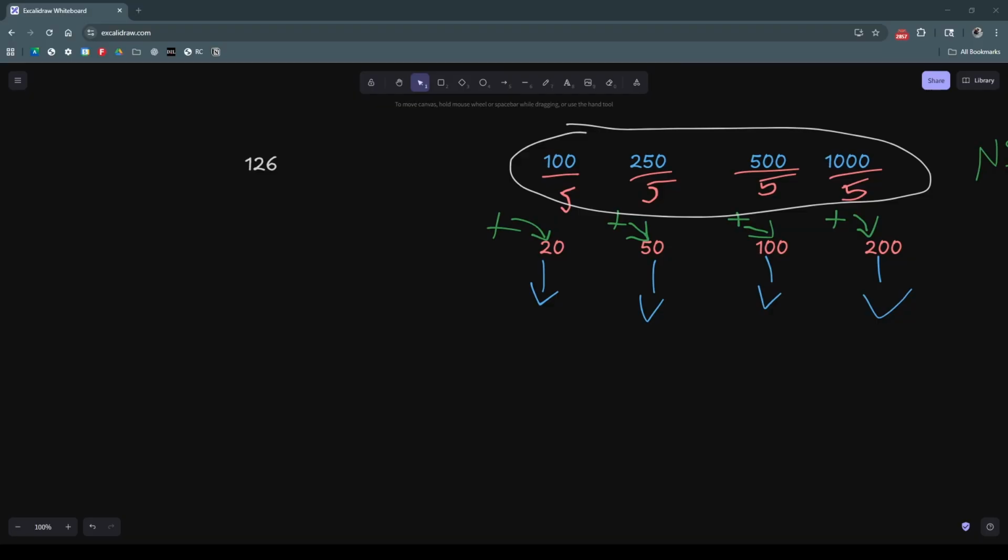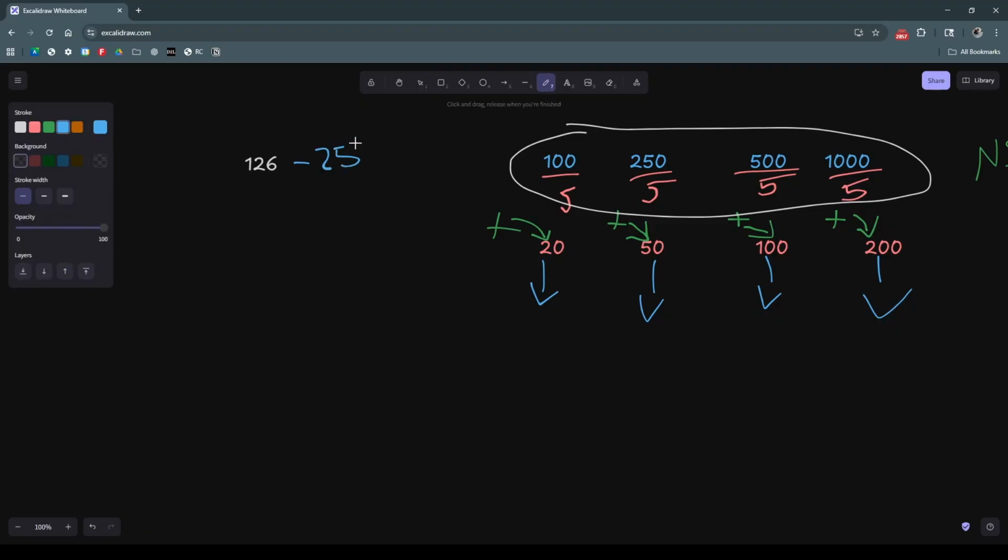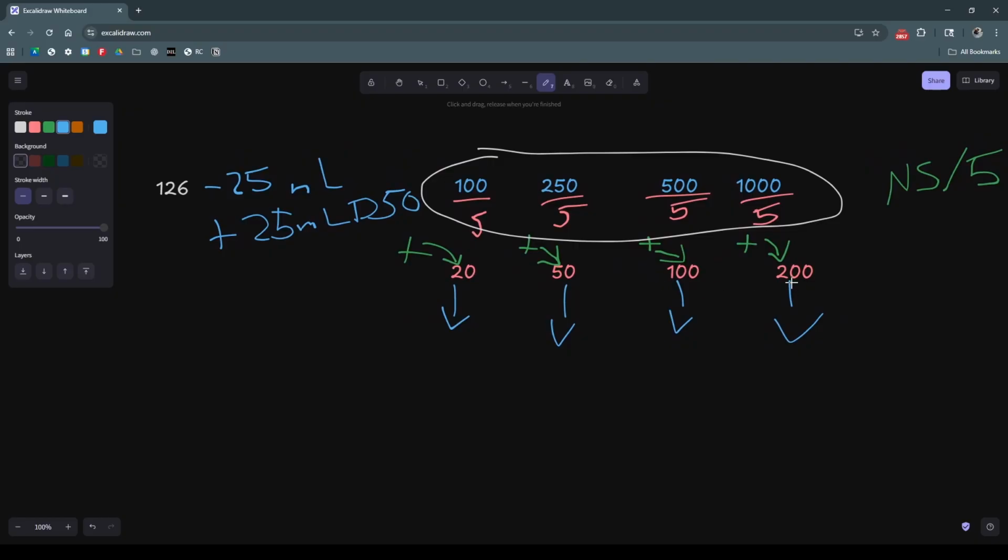But if you divide 126 by 5, that would give you 25.2, which tells you I need to take out 25 milliliters of saline and add in 25 milliliters of D50. And so again, as long as you can remember to divide by 5, whatever your saline is, you can make D10 that way.